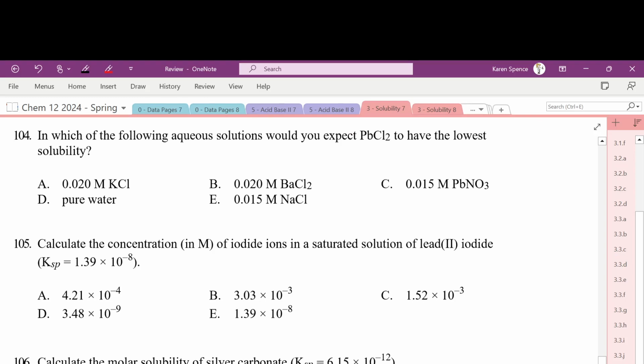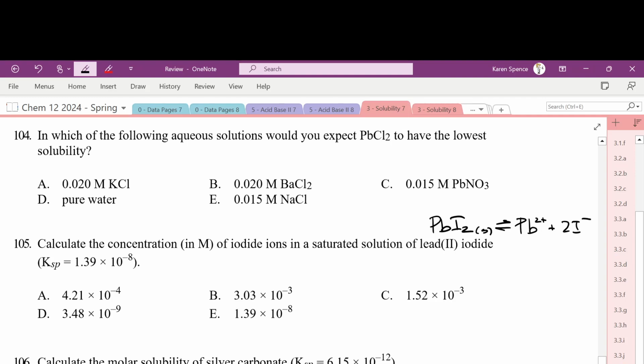Calculate the concentration in molar of iodide ions in a saturated solution of lead iodide. So lead-2 iodide is PbI2. Pb2 plus 2I minus.